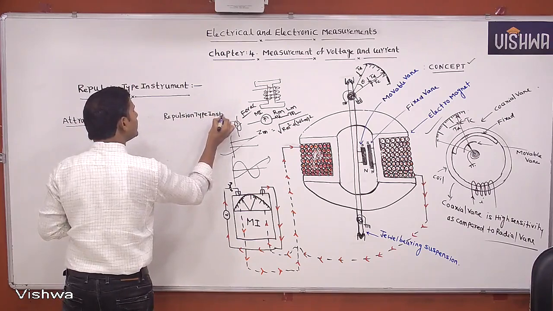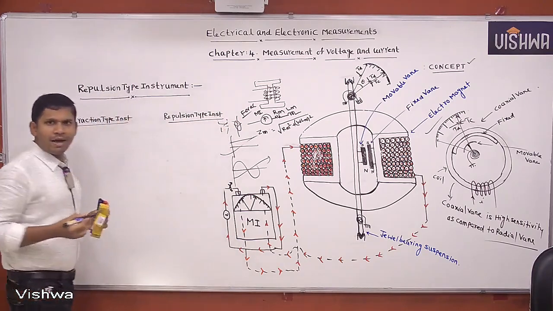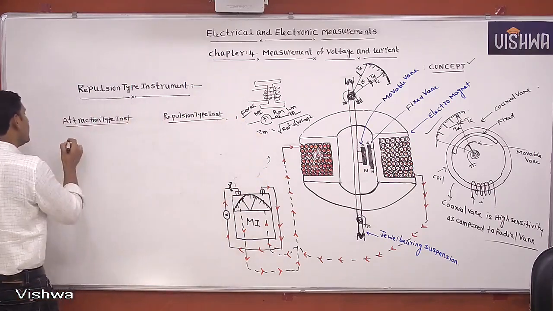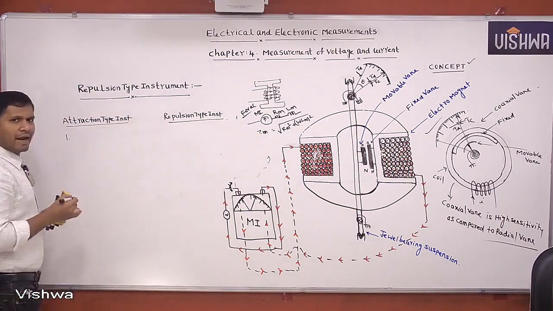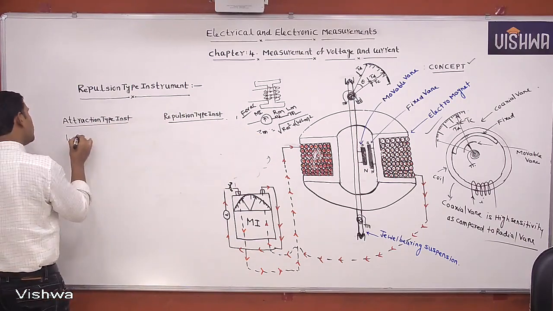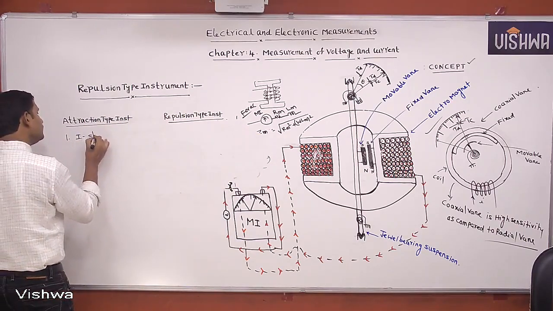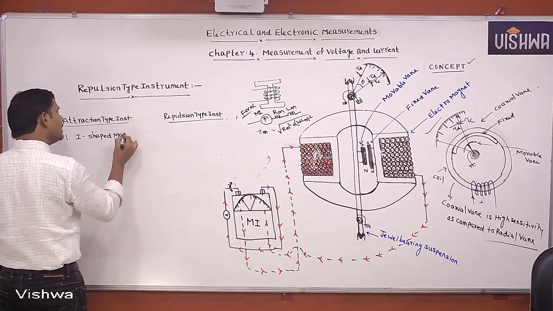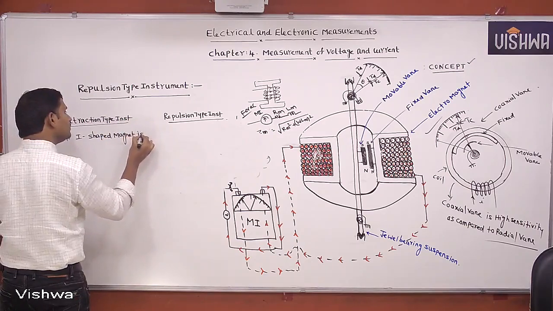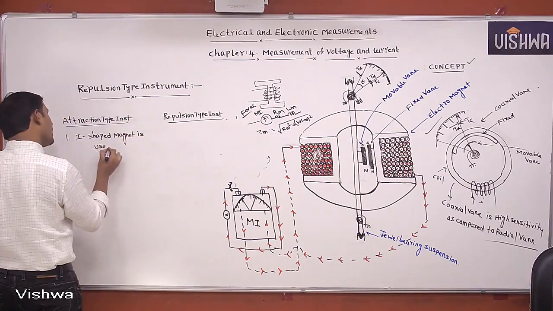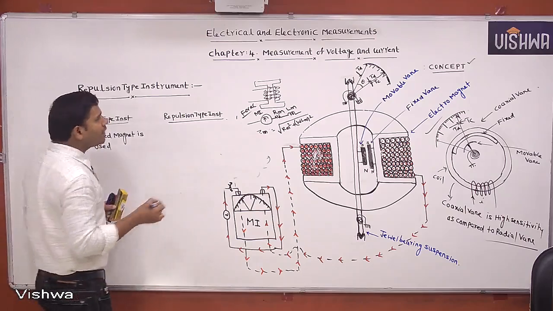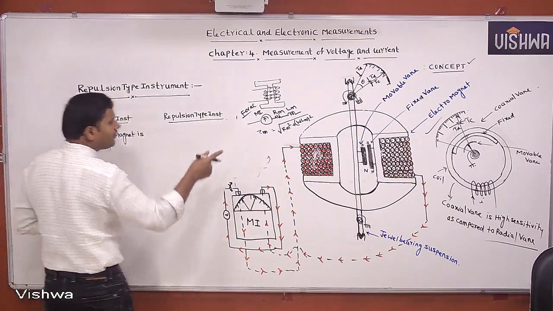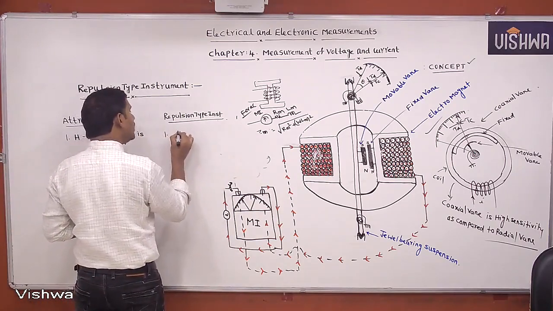If we compare attraction and repulsion type instrument, listen please. What is the shape of magnet we are using in attraction type instrument? H-shaped magnet is used. Sorry, this is H-shaped. But in the case of repulsion type instrument, I-shaped magnet is used.